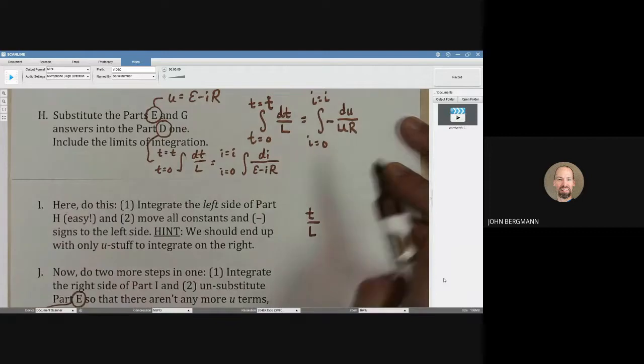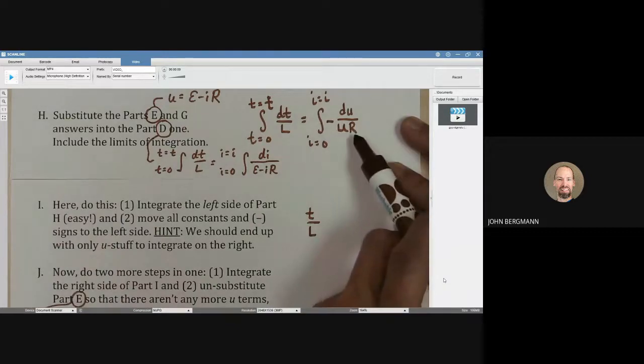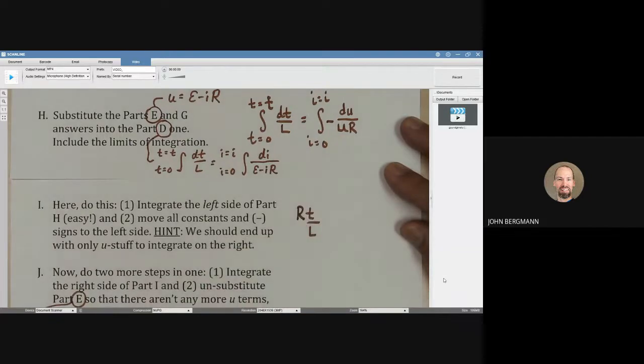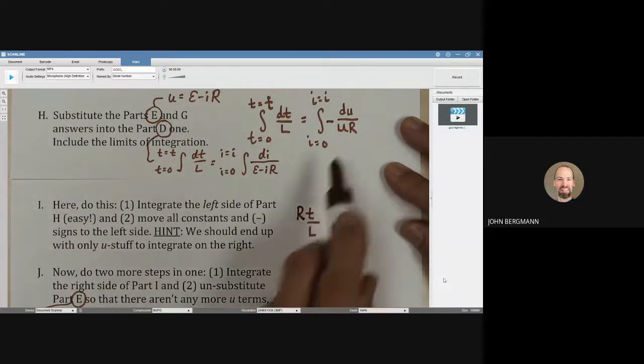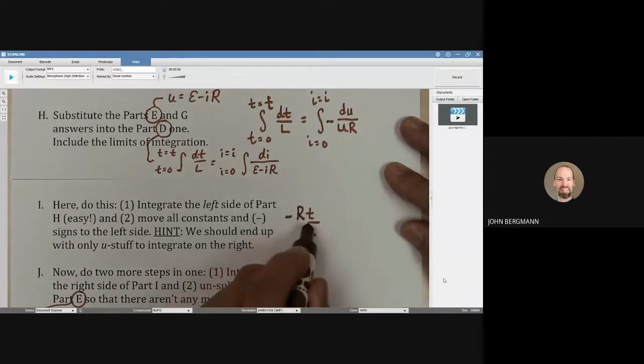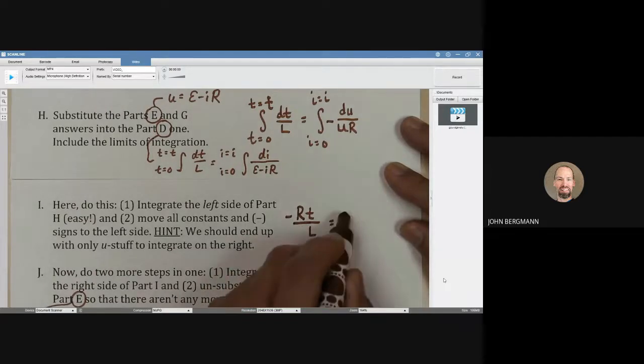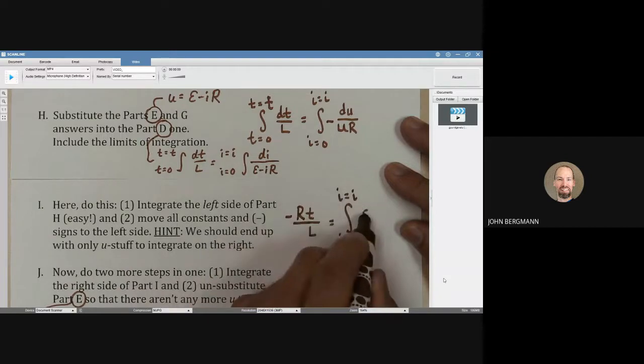What we had here in part H, r is a constant, and so if we move it to the other side, we're going to get the r in the numerator. Let's put the negative sign over there. And then what do we have left on the right? I equals 0 to I equals I. And all we have now is du over u.